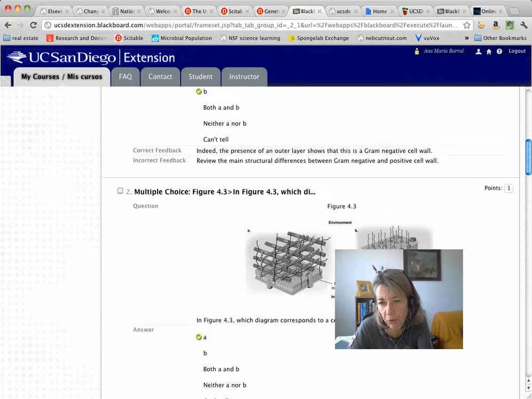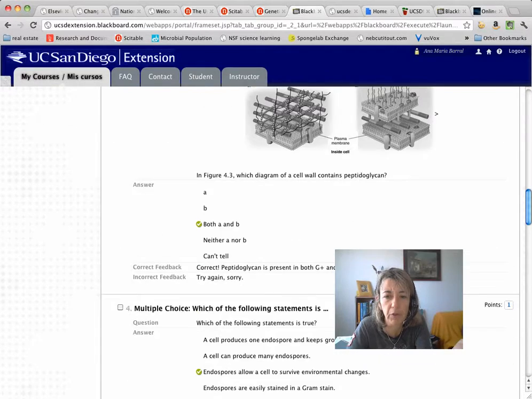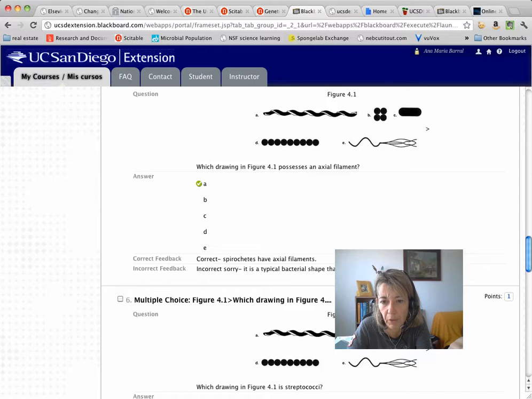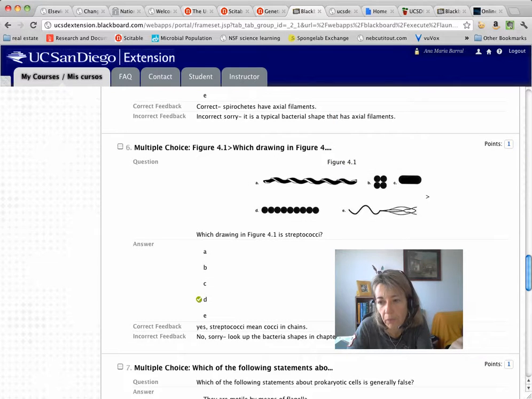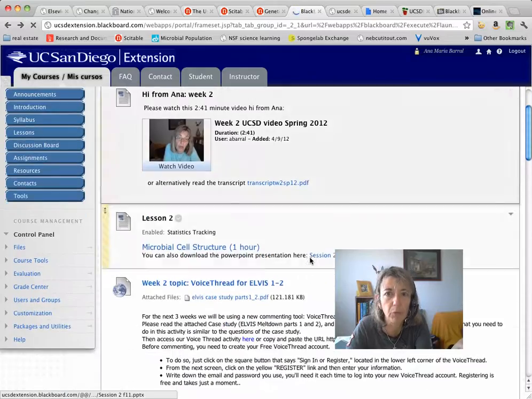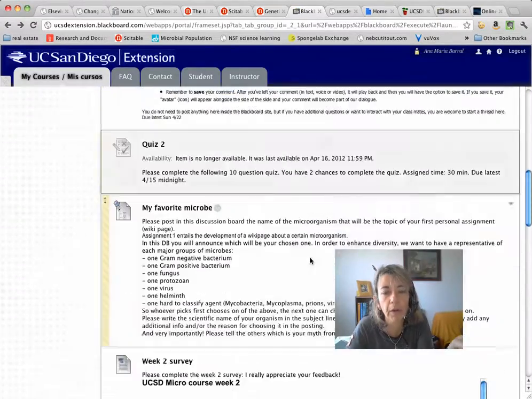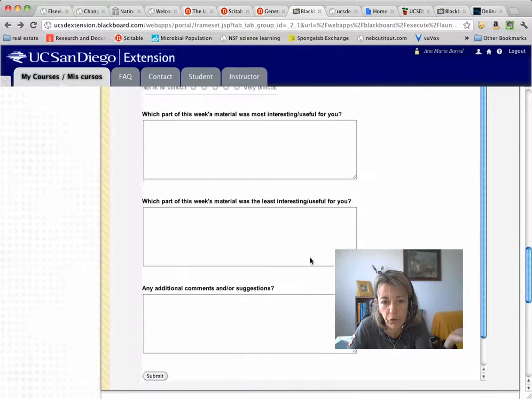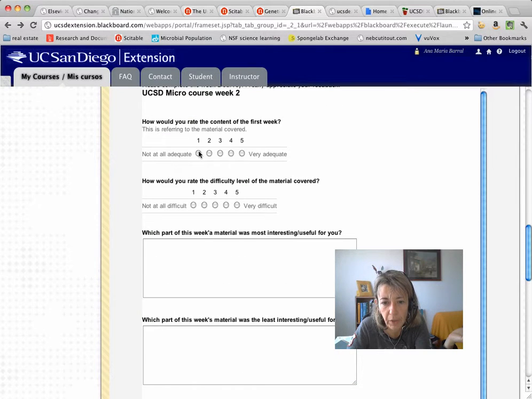I try as much as I can to put diagrams in it, so it's not only text, and then there will be correct and incorrect feedback, so the student can immediately figure out what they did wrong.